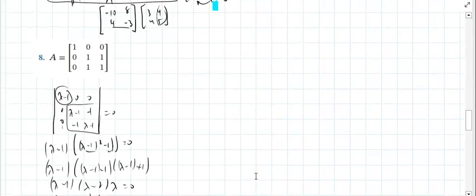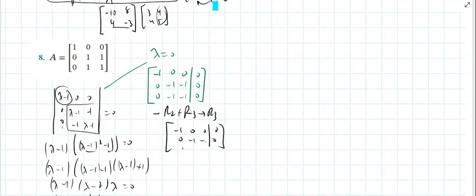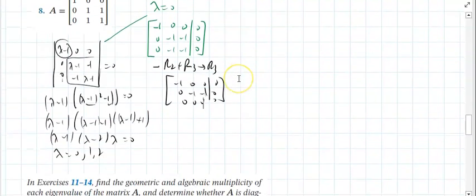Lambda equals 0. I take negative row 2 plus row 3 and row 3, that means x3 is free, x2 equals negative x3, and x1 is 0.